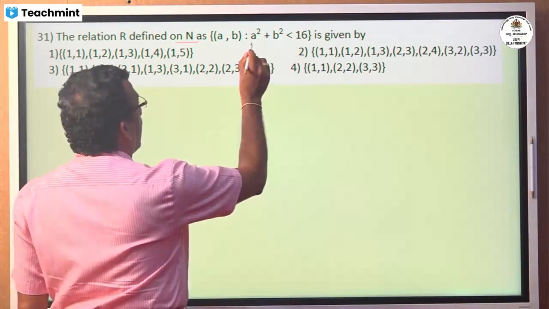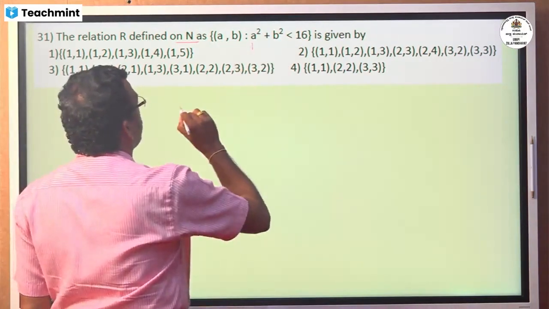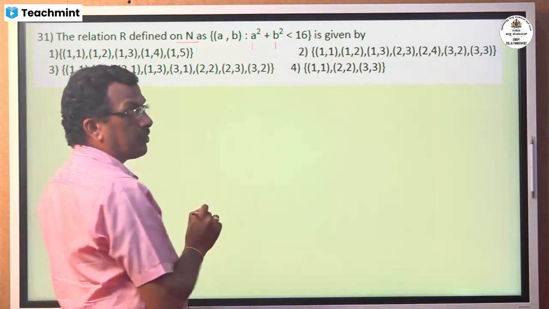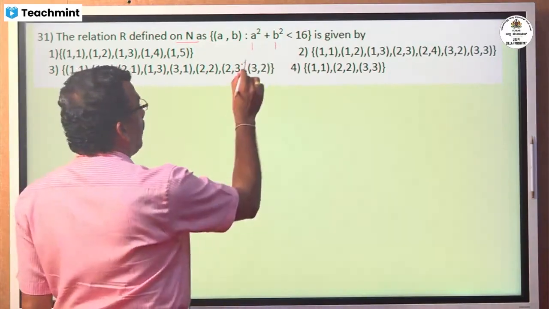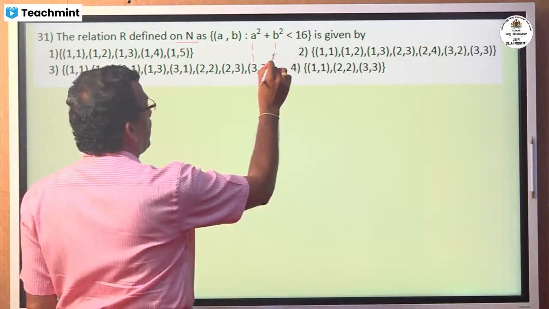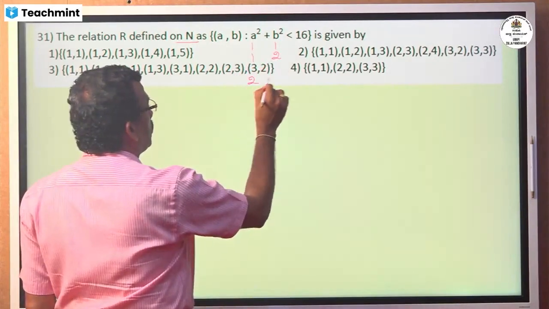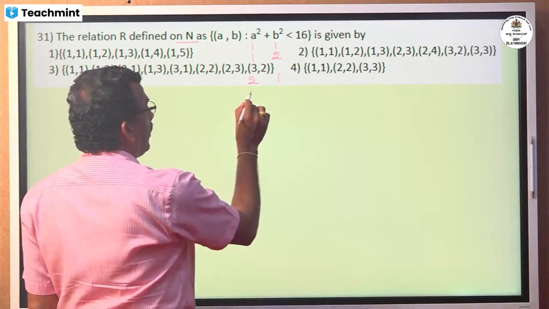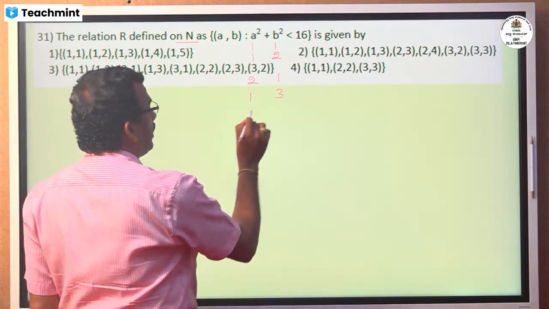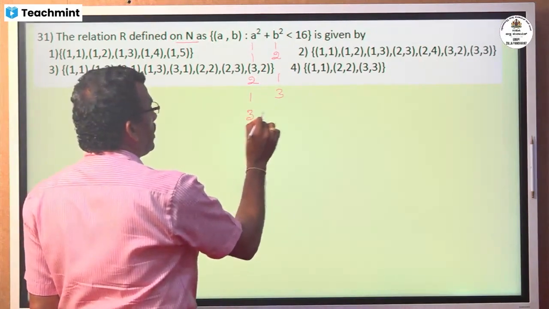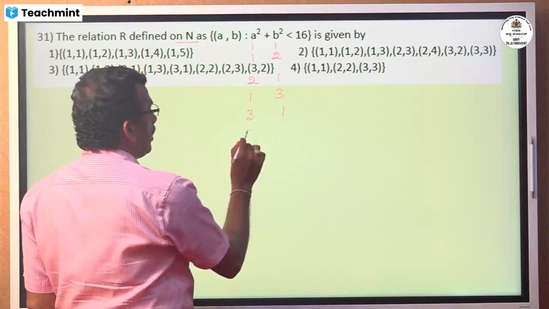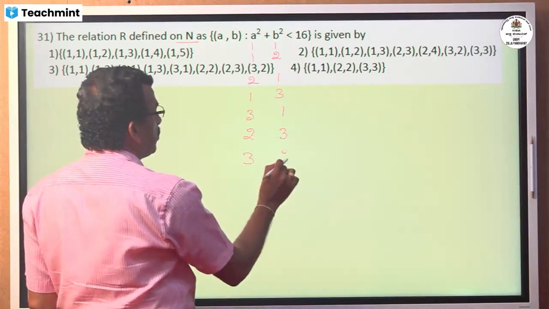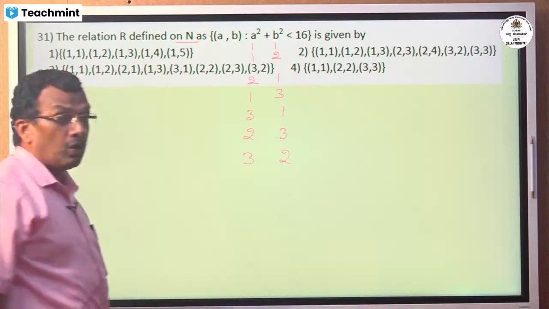I can put 1 squared here, b is also 1 squared. 1 squared plus 1 squared is less than 16. When a is 1, b may be 2, or when a is 2, b may be 1. If not, when a is 1, b is 3. When a is 3, b is 1. If not, when a is 2, b is 3. When a is 3, b is 2. Check, are there any other possibilities?